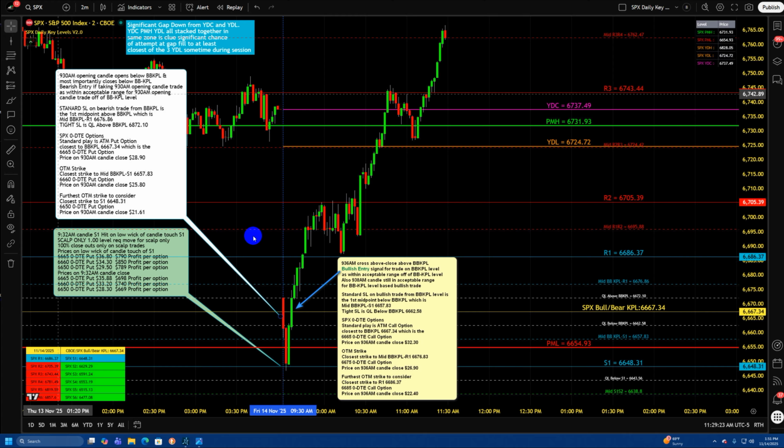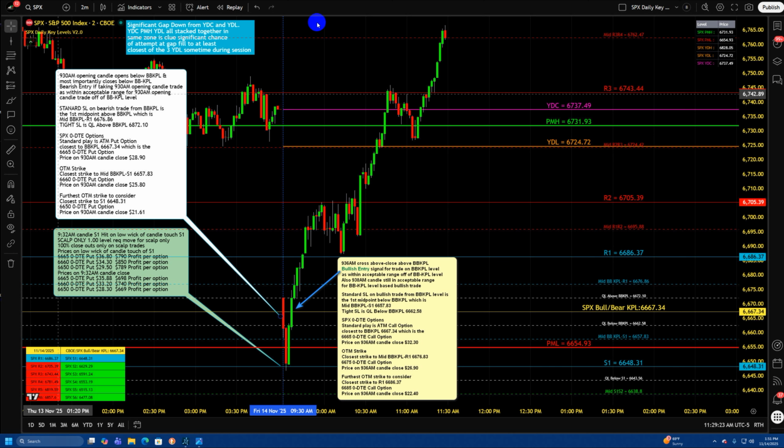Whether you only got one option, or three options, or you bought 5 or 10 or 20 or 40, on scalp only trades, you are closing out 100% of your contracts. You're not scaling out, you're not adjusting your stop loss, you're simply closing out all your contracts at the one level move.